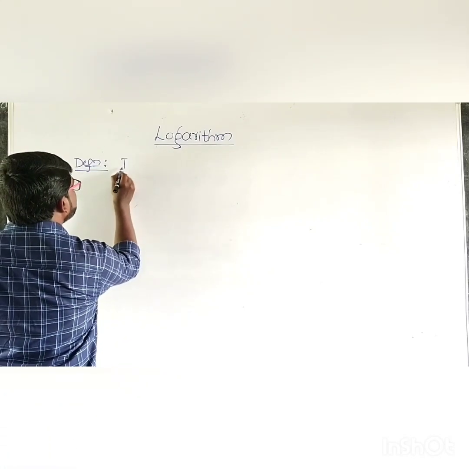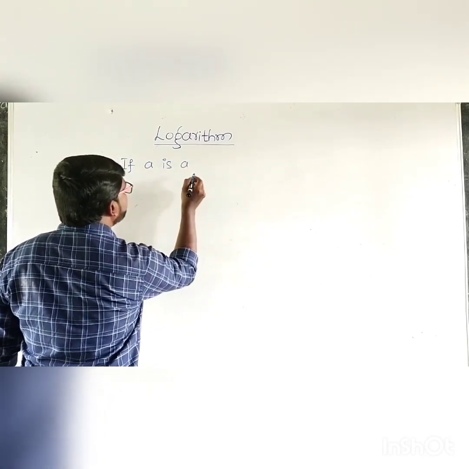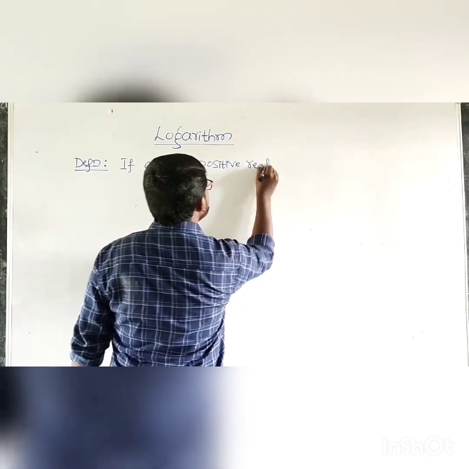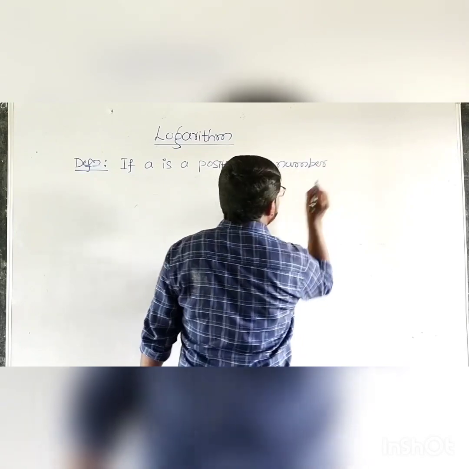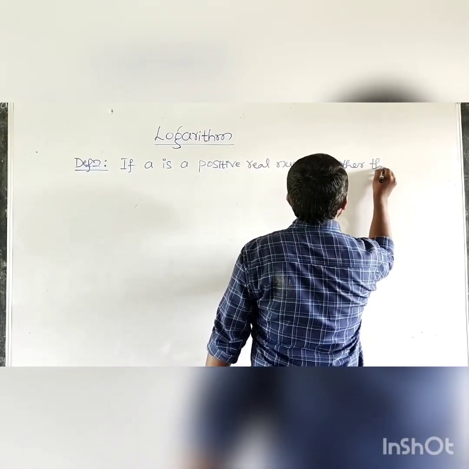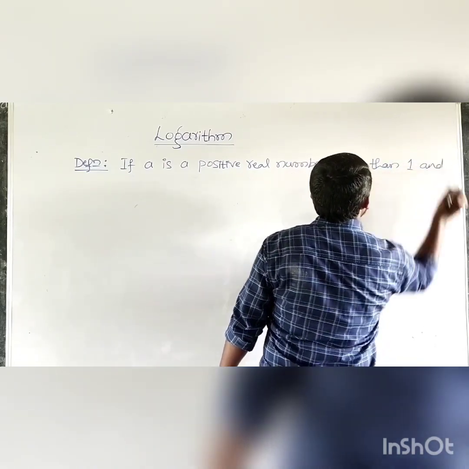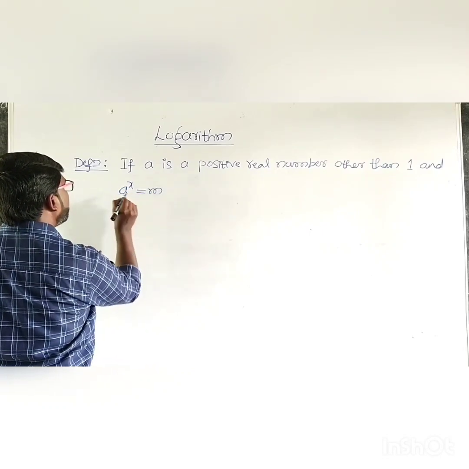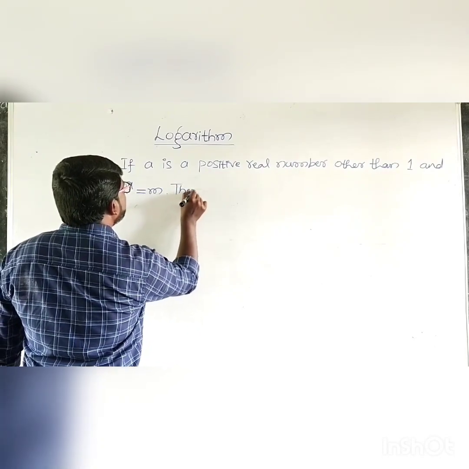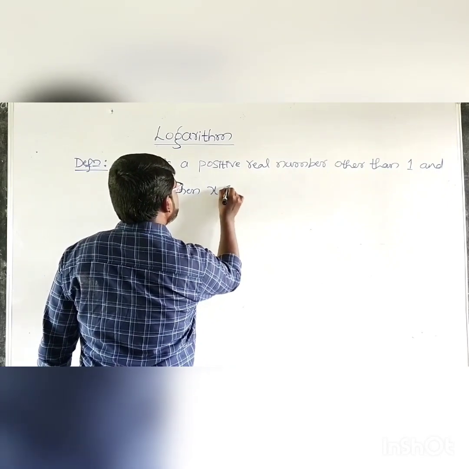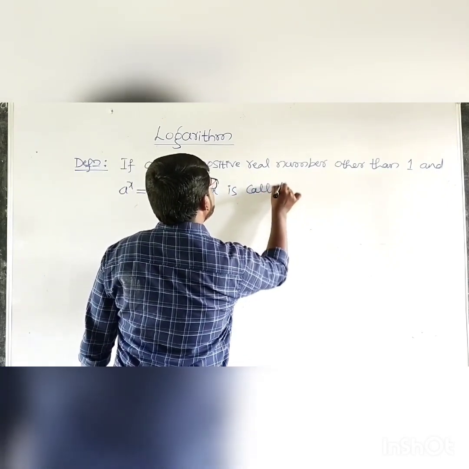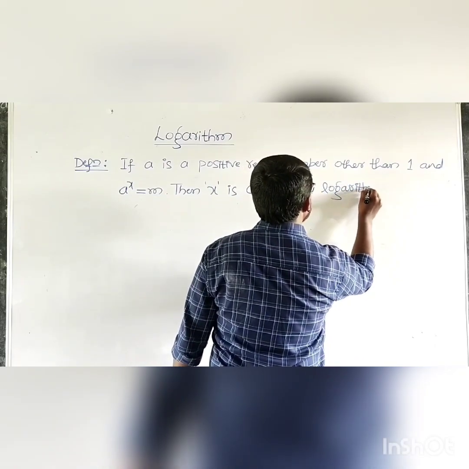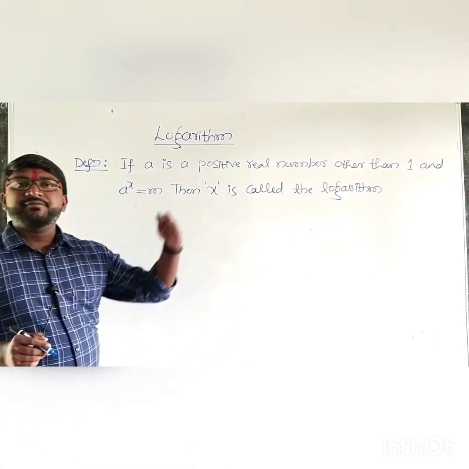See here, if a is a positive real number other than 1, and a to the power x is equal to m, then x is called the logarithm of m to the base a.